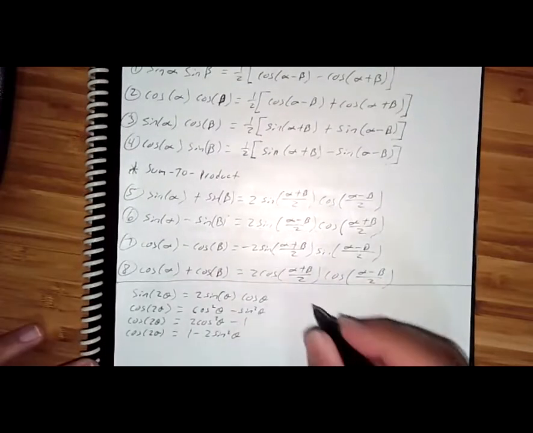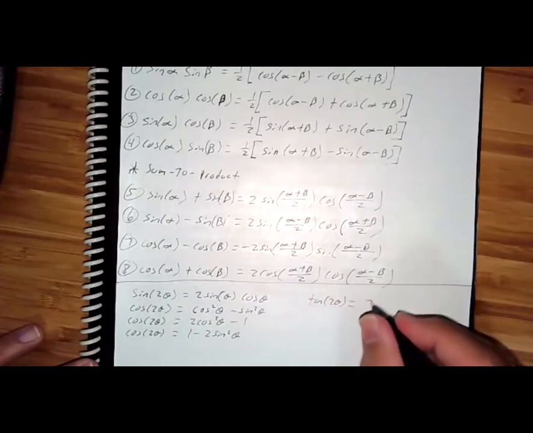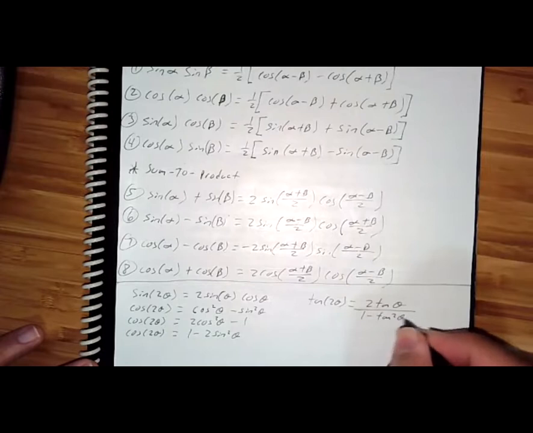And then we had a double tangent as well, which was 2 tan theta over 1 minus tangent squared.